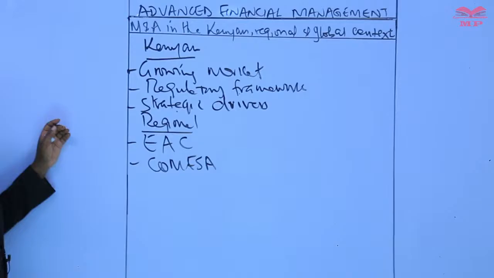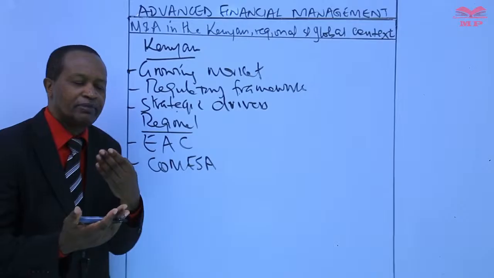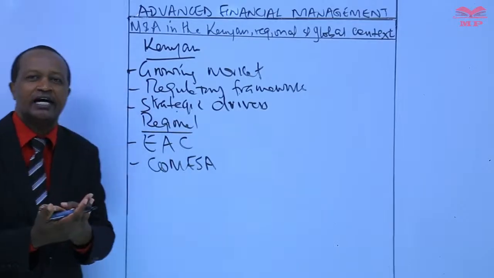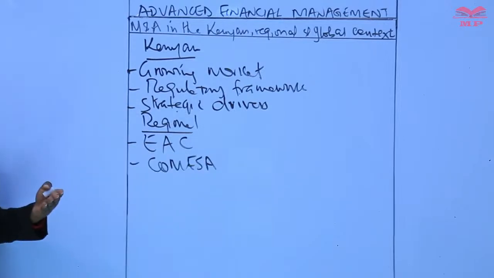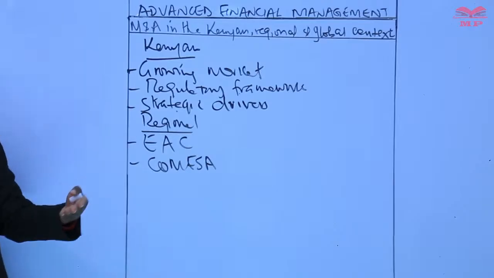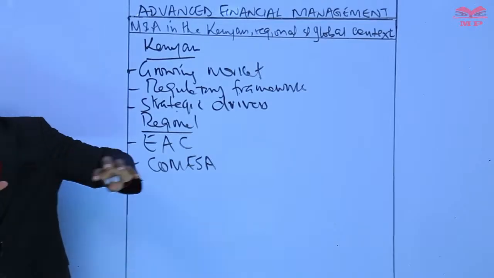Then we have regional banking expansion. Kenyan banks have been particularly active in regional expansion through mergers and acquisitions, an effort which seeks to tap into the larger Eastern African market.